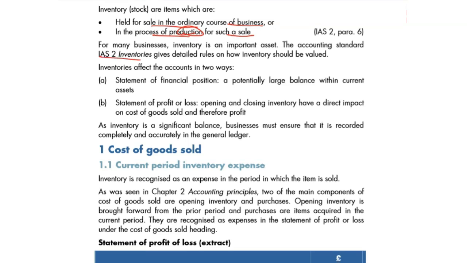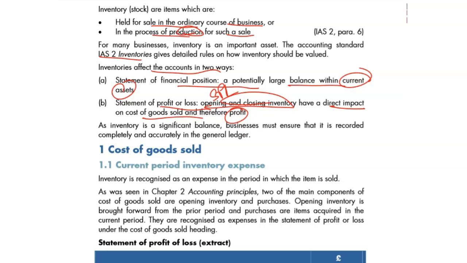It's based on IAS 2. It affects two ways. Number one, in the statement of financial position, a large balance as a current asset. And in the statement of profit and loss, SPL, opening and closing inventory have a direct impact on the cost of goods sold and profit.